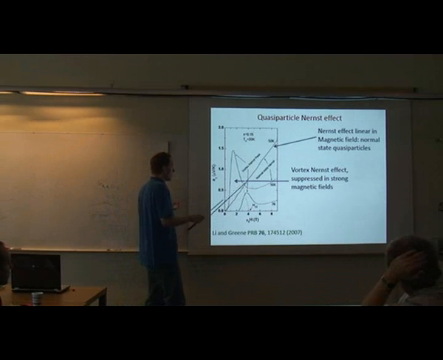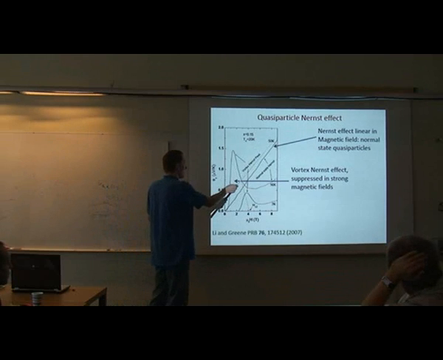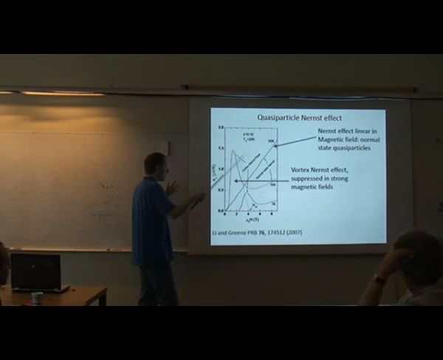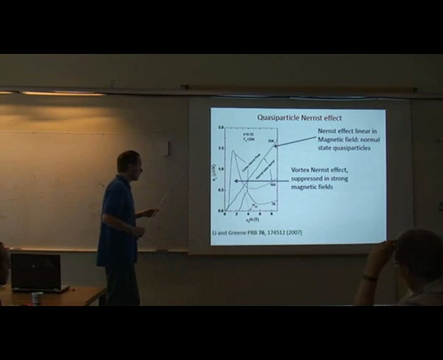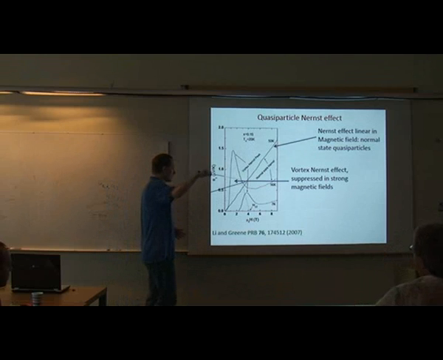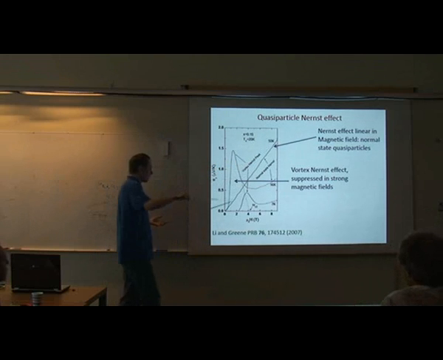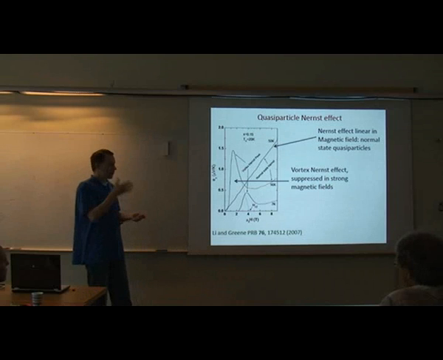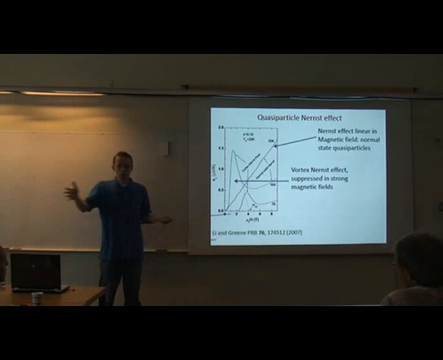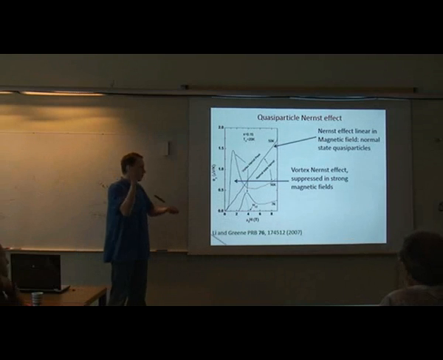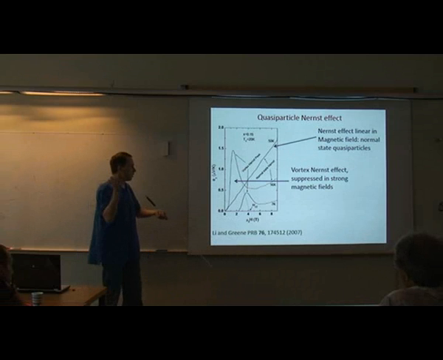And if you're above the TC, say at 50 Kelvin, you are very far away from the superconducting dome. In this case, the signal is very linear, proportional to the magnetic field, and that's a clear signature of a signal originating from drifting quasi-particles with some electrical charge.